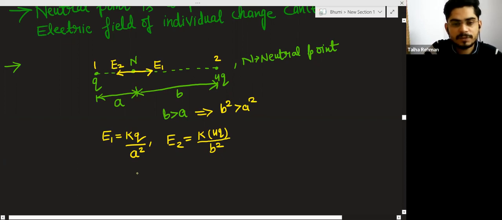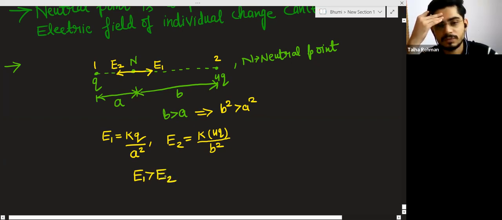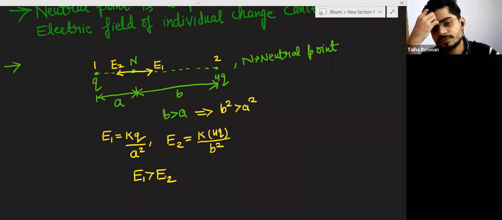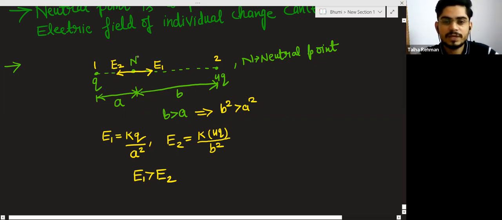It means that E1 is greater than E2. So for the electric field to cancel out, this neutral point will lie here.